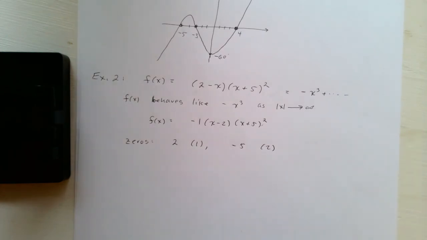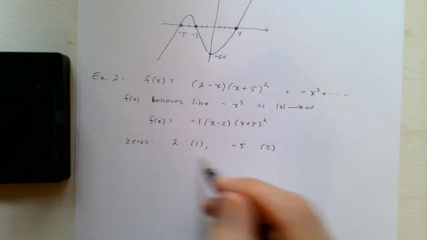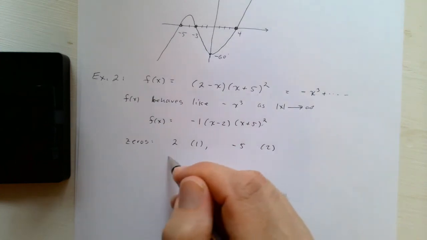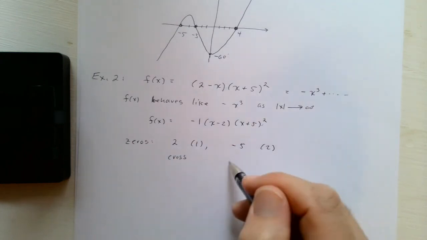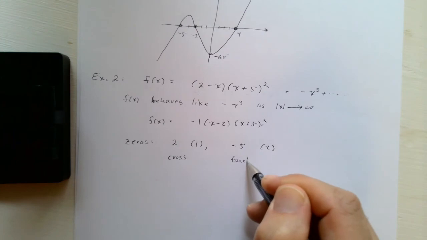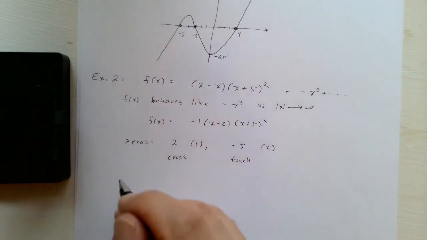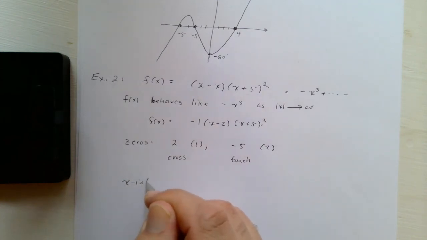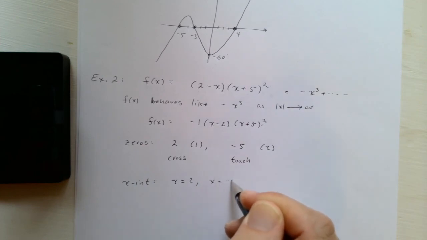Then that tells us that the graph will cross at 2, and the graph will touch at negative 5, because the multiplicity is even. And the x-intercepts will be at x equals 2 and x equals negative 5.